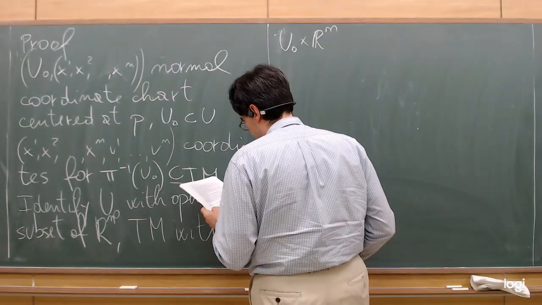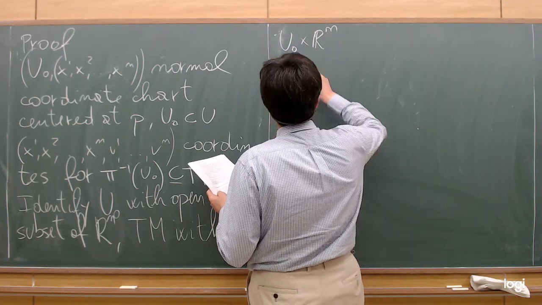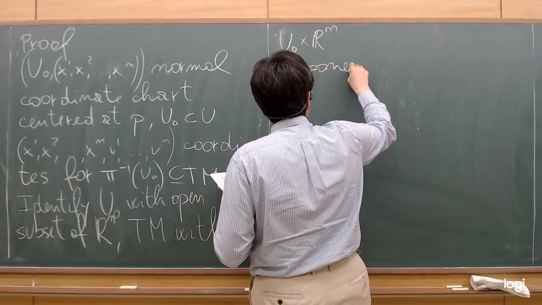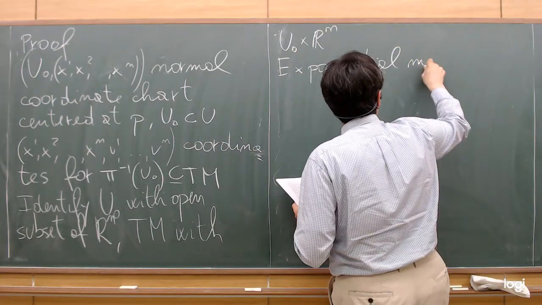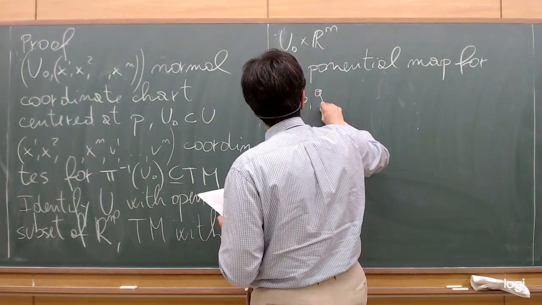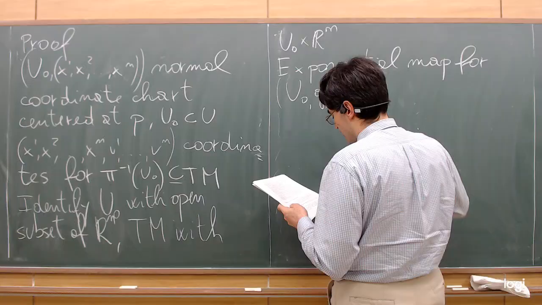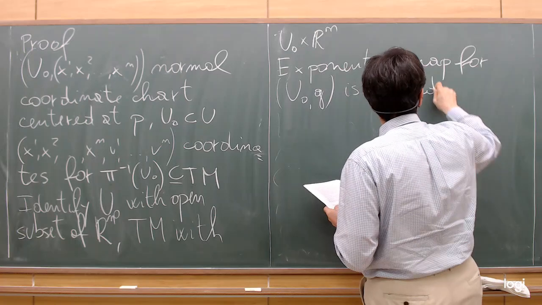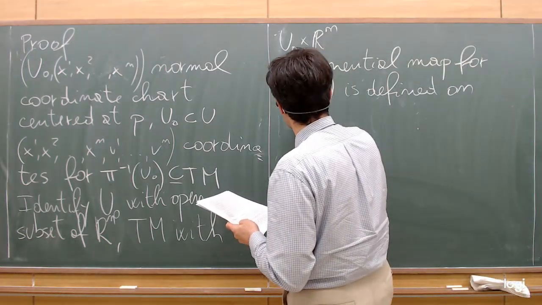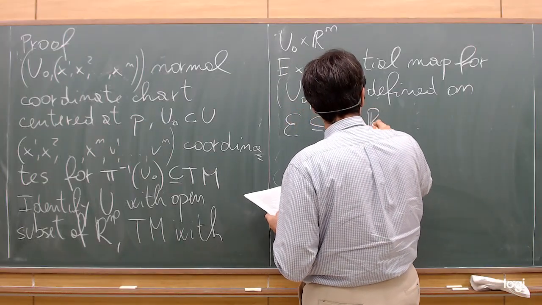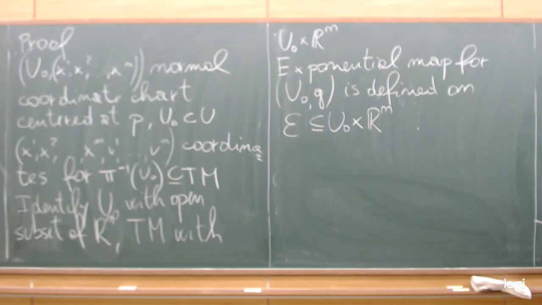Now let's take a look at the exponential map. So the exponential map for (U0, g) is defined on the open subset E, which is contained in U0 times R^n.